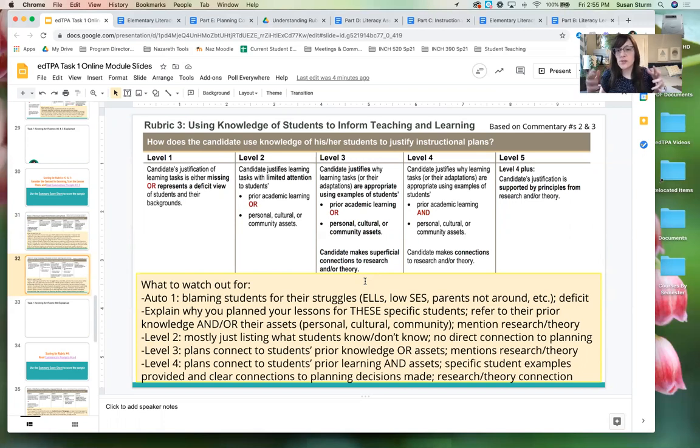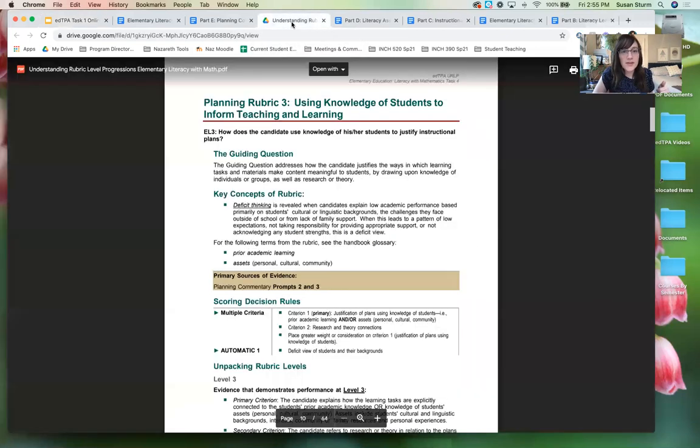You're not going super deep. Like, theory and research doesn't frame your whole justification for why you planned the way that you did. Okay, so auto 1, blaming your students for their struggles, having a deficit lens, that will get you an automatic 1. Okay, so let's take a look at the rubric progression document.